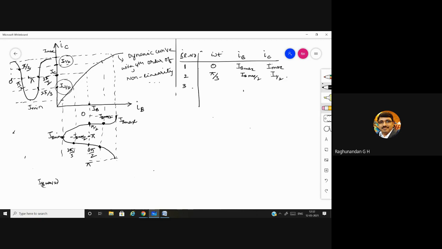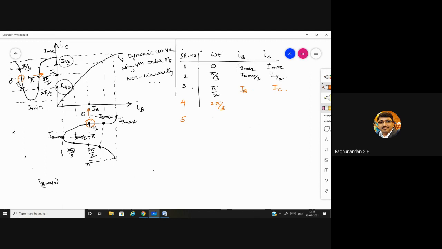Next, third one, pi by 2. So what is the value for pi by 2? Pi by 2 is here. What is its corresponding value? IC, sir. So this will be IB and this will be IC. The same way for 2 pi by 3.